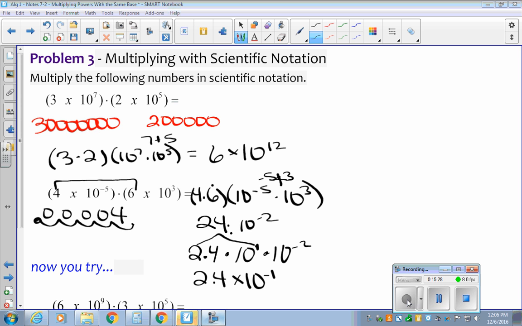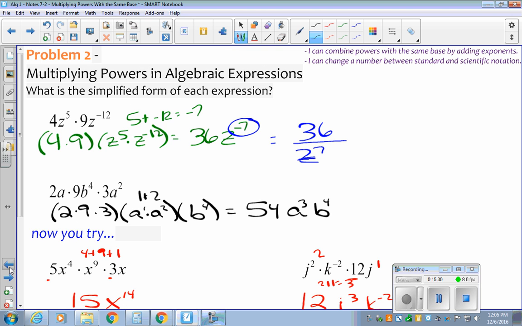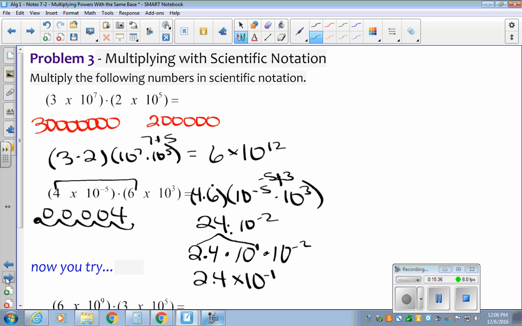We're in scientific notation land. When we were back here in simplifying land, no negative. Here in scientific notation land, negative's A-okay. Because I did negative 5 plus 3.